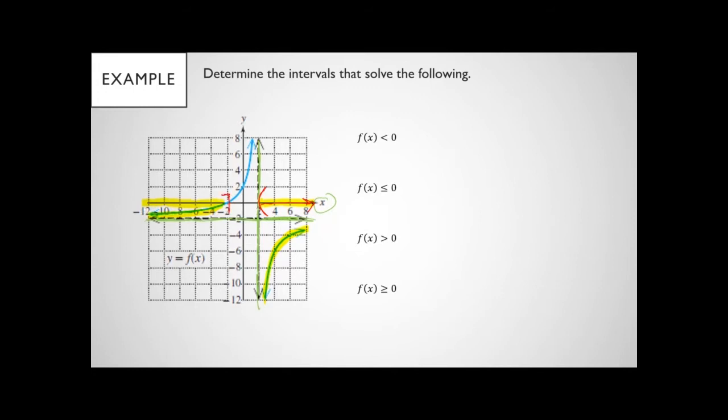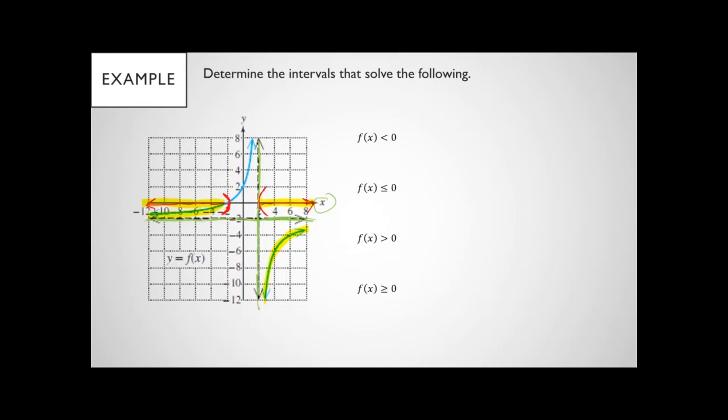Oh, but it's a less than. Less than means you can't touch it, so we can't include 0. So I'm going to have another parenthesis right there. And then where a graph is below the axis, on these sections that I have highlighted and drawn in red, we've got 2 sections where our graph is below the x-axis.